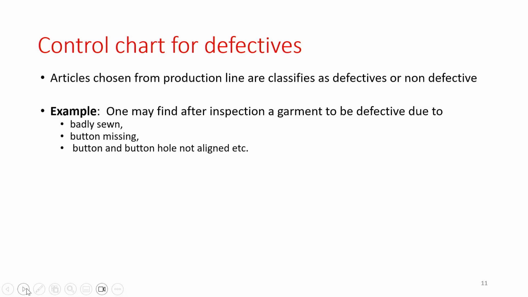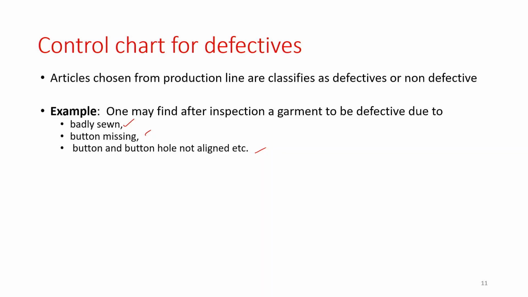In a garment industry, it could be badly sewn garments, so that becomes a defective garment. Or buttons missing, or buttons and buttonholes not aligned. There could be different reasons for which we can say this garment cannot go to the customer.